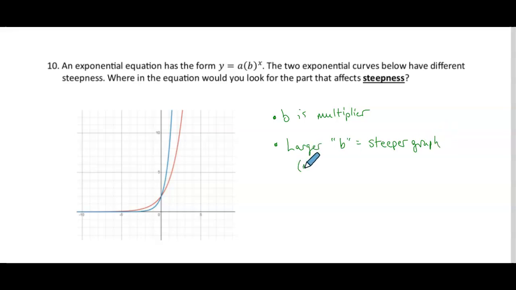And that's because we're multiplying by more. And then the smaller b is going to be the flatter graph. It's going to increase more slowly because we're multiplying by less. So that's how you can tell which one's which.